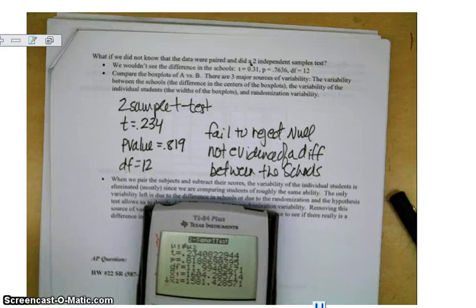So the matched pairs test actually was better able to identify that there was a difference because you're finding the difference first.